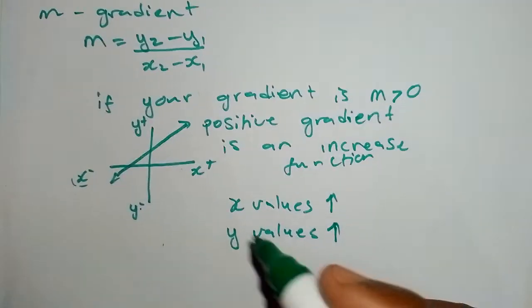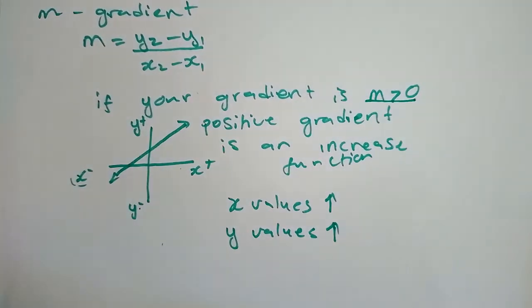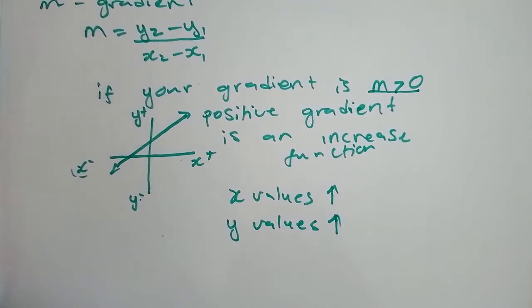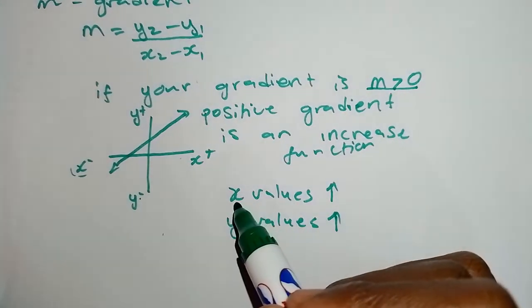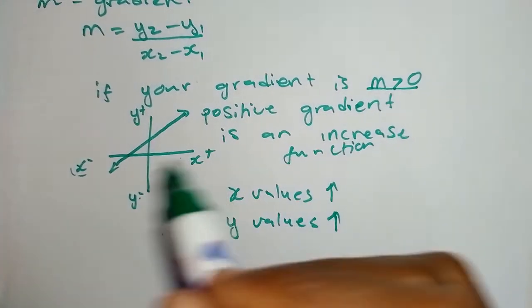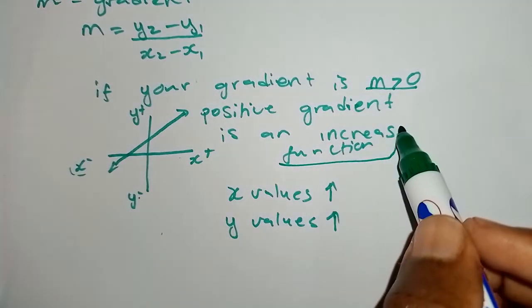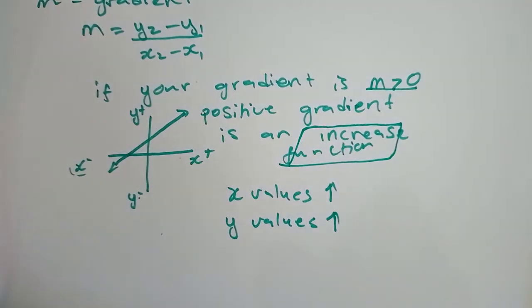That is why I'm saying, if your gradient is greater than 0, if your gradient is positive, then your graph should be an increasing function. The reason being, if the values of x are increasing, also the y values are increasing.